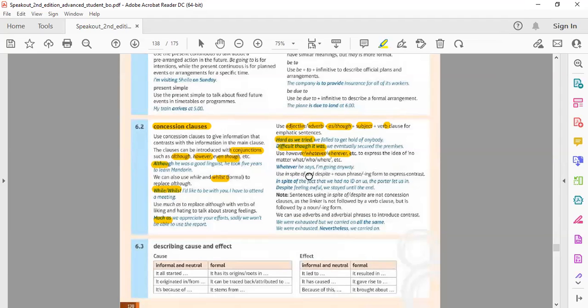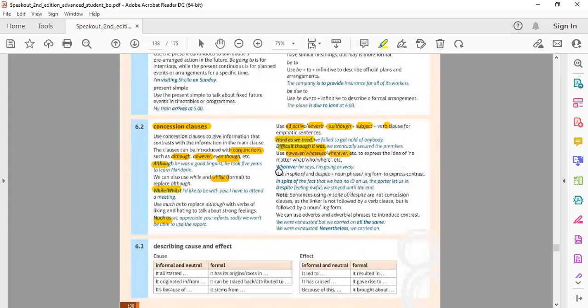However, you can use it for an action. All in all, we use them to indicate that it makes no difference who or what or where this happened.